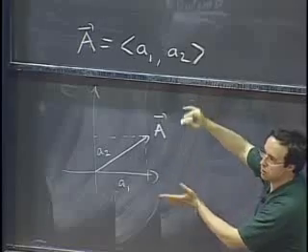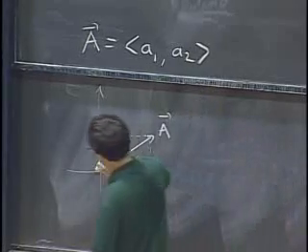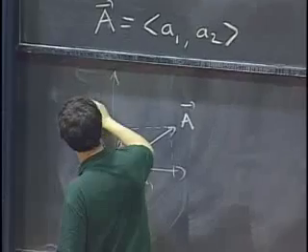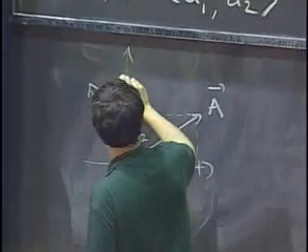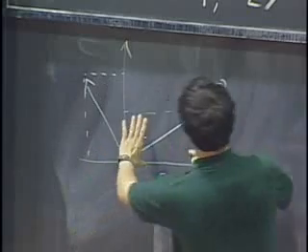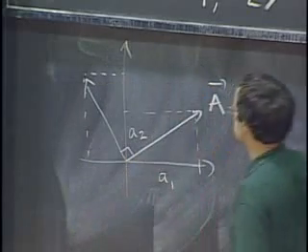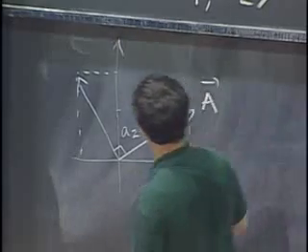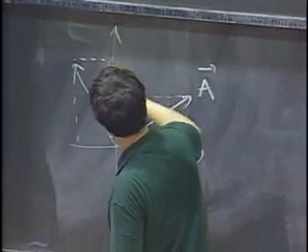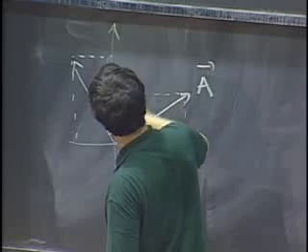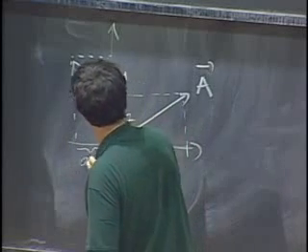Okay, let's rotate this box by 90 degrees counterclockwise. So this rectangular box ends up there. It's the same box, just flipped on its side. So this length here becomes A1, and this length here becomes A2.